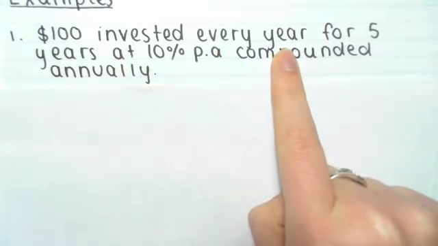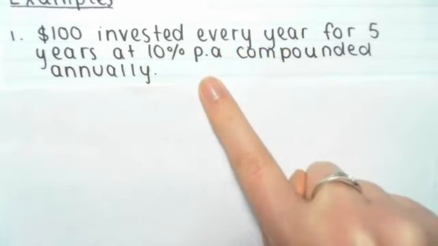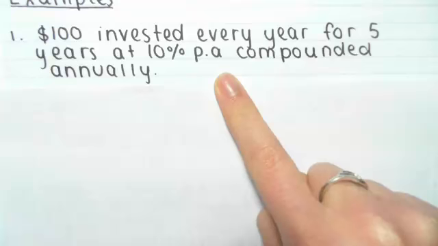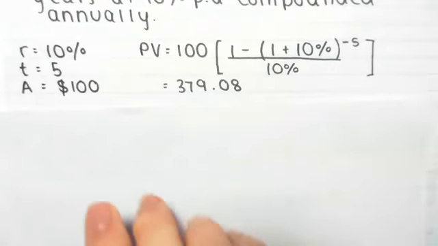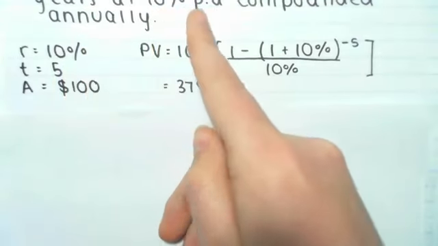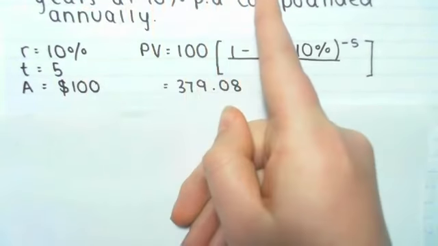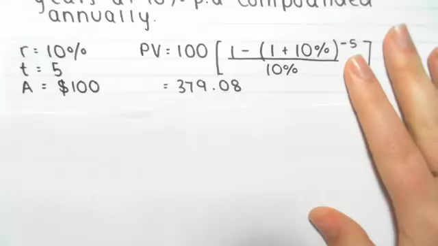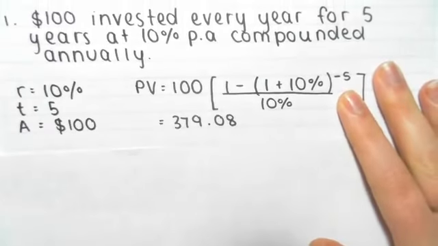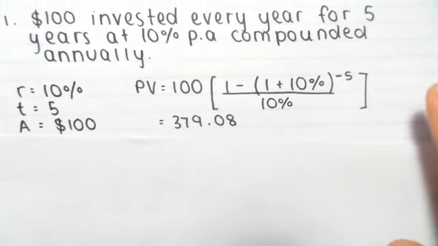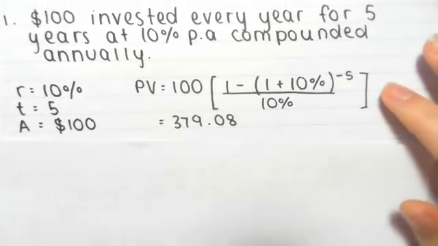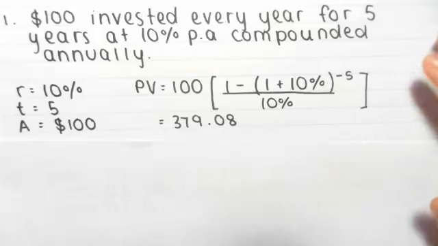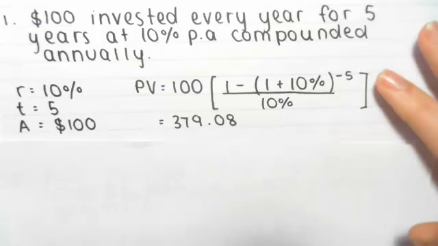So we need our rate to be compounded annually. In this case it is, so we don't have to use the effective interest rate formula. So we've got 10%, that's fine, per annum, annually, and it's every year. We're all good. We've then got T is 5 because it's 5 years, and A is 100. So putting that straight into the present value formula, and we can figure out our present value.